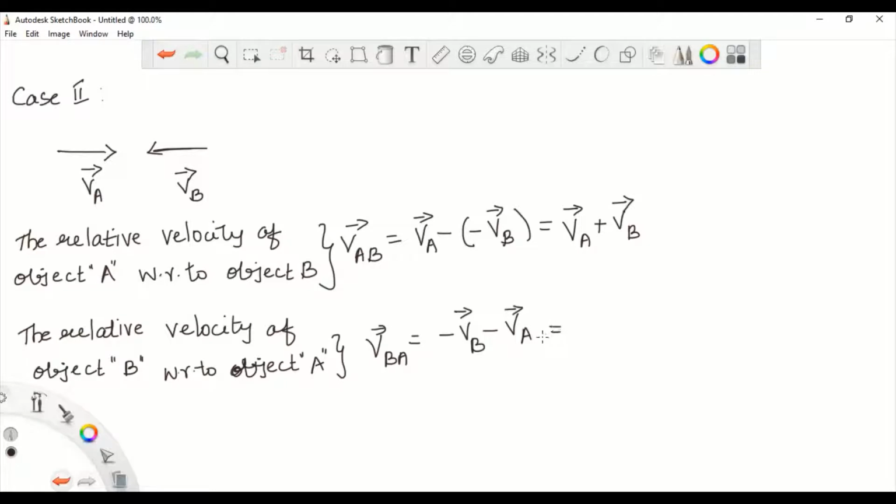So we are going to take this minus sign which is common. You can write minus, VA plus VB. Okay. So thus if two objects are moving in opposite directions, then the magnitude of relative velocity of one object with respect to another is equal to the sum of magnitude of their velocities. Okay, so we discussed two cases.